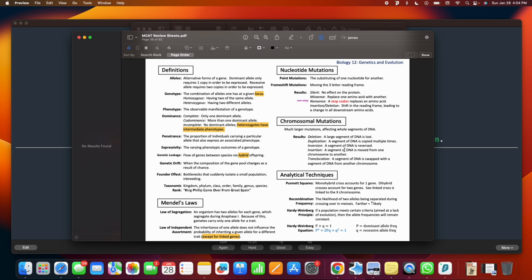Insertion is a segment of DNA which is moved from one chromosome to another. So you have a chromosome here, and you move that segment of DNA into another one, not to be confused with the nucleotide insertion mutation, which is a shift in the reading frame that causes downstream amino acid changes.